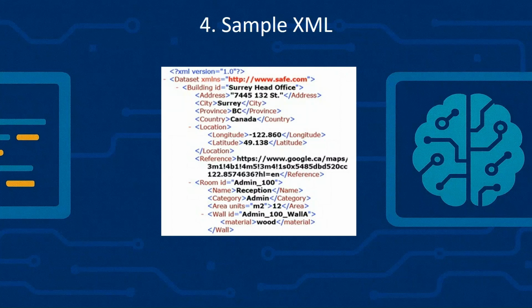Then there is a building tag, and it has some more children like address tag and city tag. If you keenly observe, this is kind of a schema or data set where it has a table called building, and it may have a few columns like address, city, province, country, location, etc. Again, if you see, location has some more children.